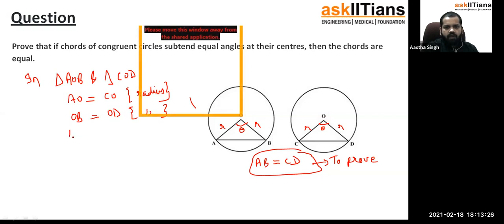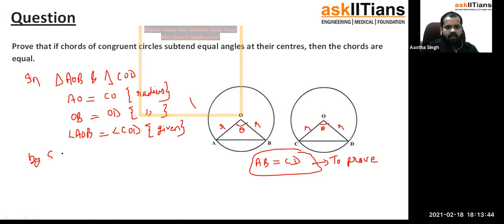And also angle AOB is equal to angle COD. Why? Because it is given that they subtend equal angle. So by SAS, side angle side, triangle AOB is congruent to triangle COD.